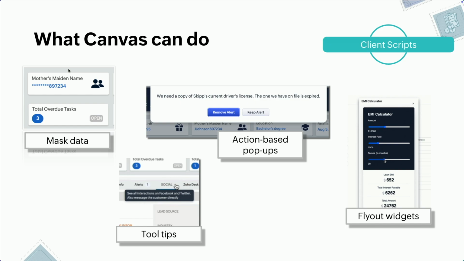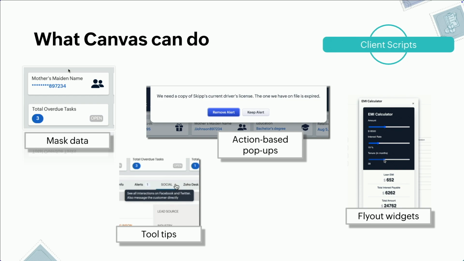So some of the advanced things that it can do, and this is using client scripts. If you're not familiar with client scripts, it is a piece of JavaScript code that can execute dynamically while you're actually using the software. So it can perform a function when you change the field, when you open up a page.